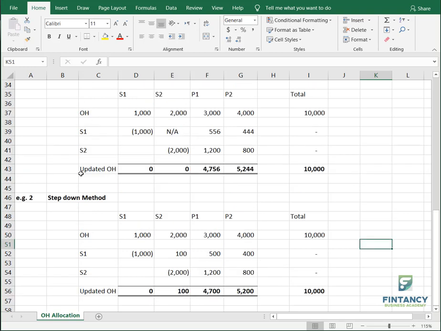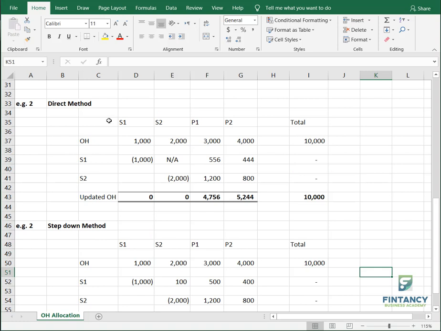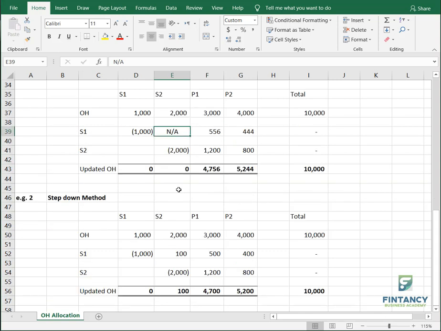What is the difference between these two methods? In direct method, we ignored the amount which was going to S2. In step down method, we have considered it, because in step down method, you consider the service department relationship. Got the point, everyone? Okay. Please write yes in the chat box if this is okay with you.